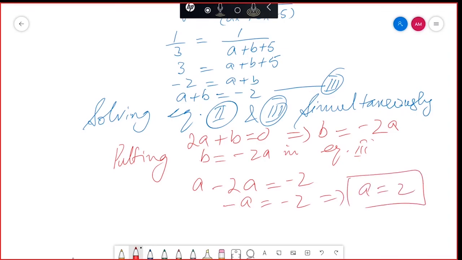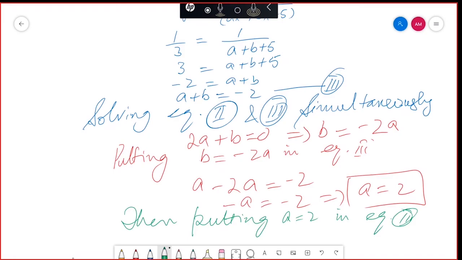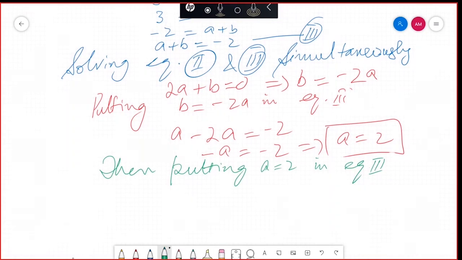Then we put it in any one equation. You can put it in equation 1, equation 2 or equation 3. Let's do it in equation 3. We know a is equal to 2, so 2 plus b is equal to minus 2.